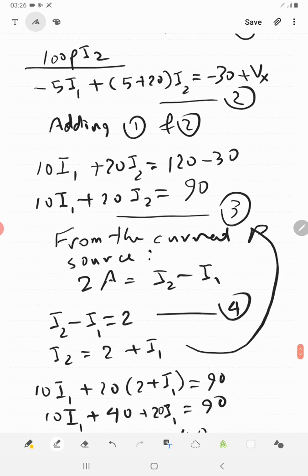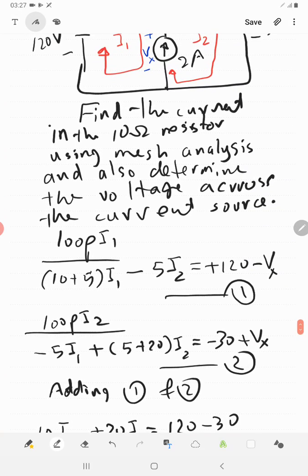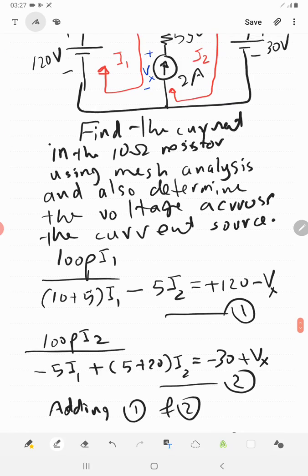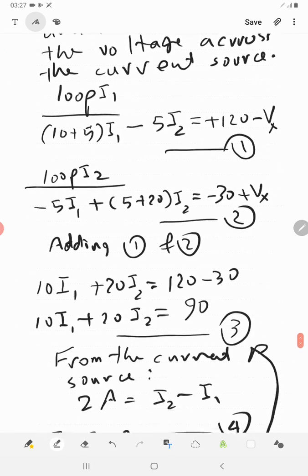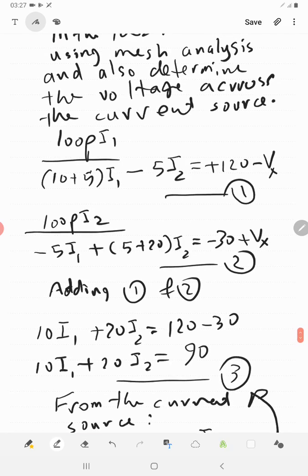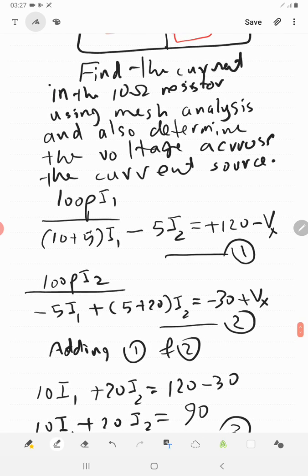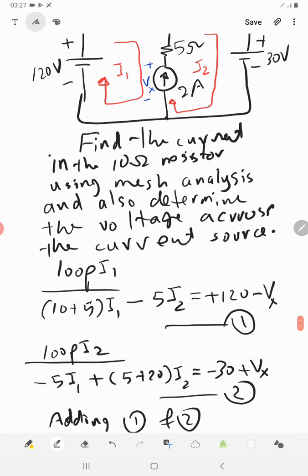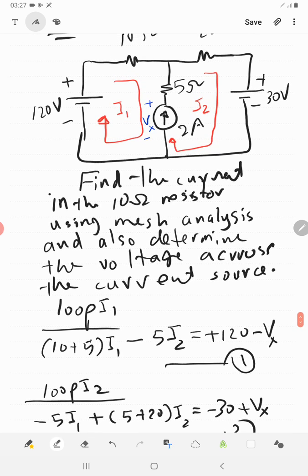So the question is find the current in the 10 ohms resistor. So that's I1. So I1 equal I 10 ohms. And the second part of the question also asks to determine the voltage across the current source, which means Vx.